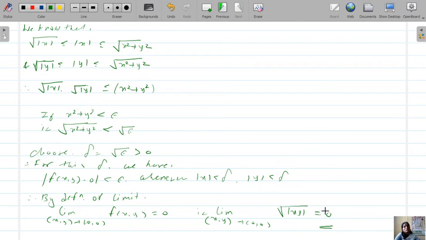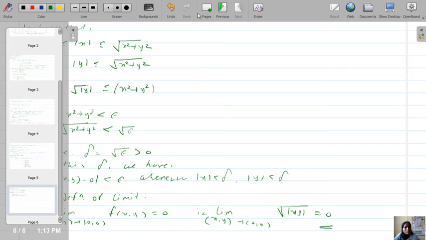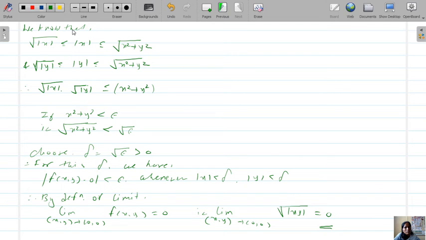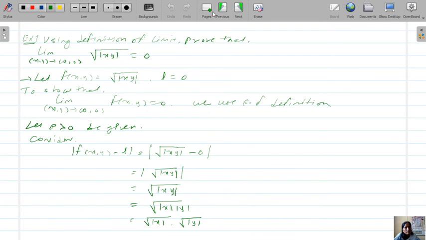So we have used the epsilon delta definition of this limit to show that the limit exists. So we have done this problem.